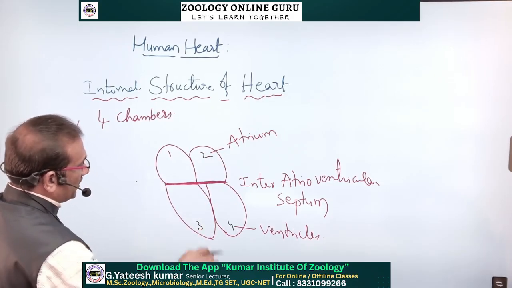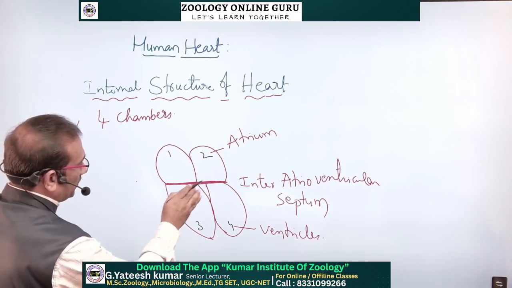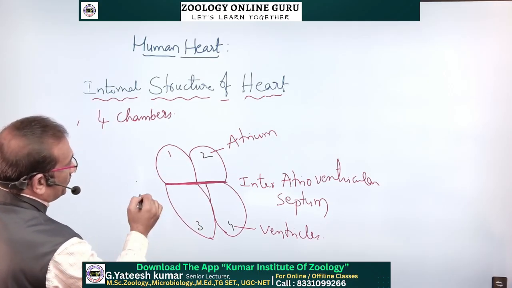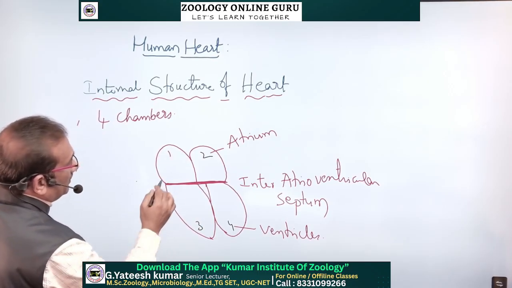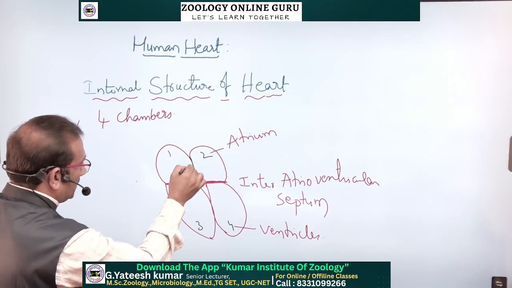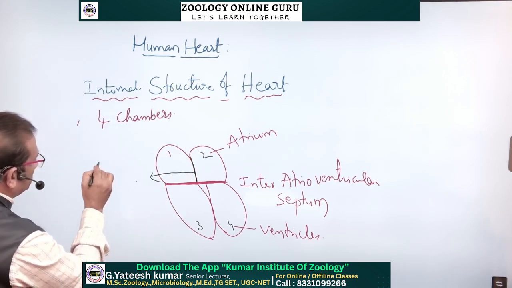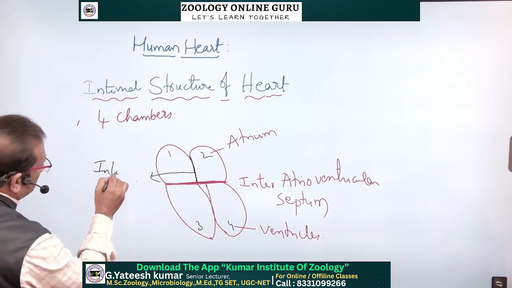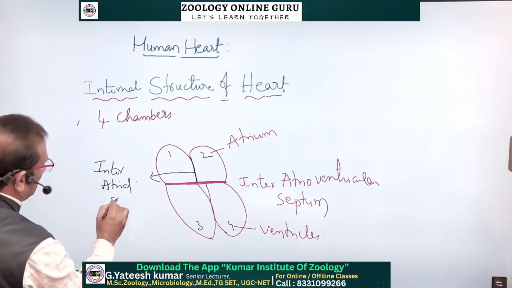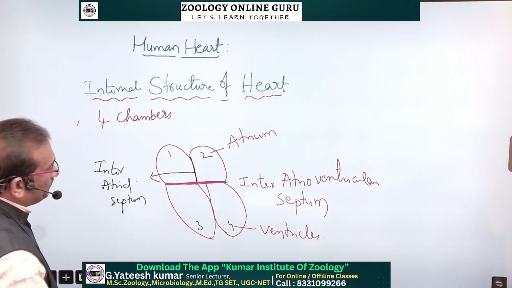are called ventricles. And atria and ventricles are separated by the interatrioventricular septum. And coming to the upper 2 chambers, the atria, these 2 atria are also separated internally. This is known as the interatrial septum.